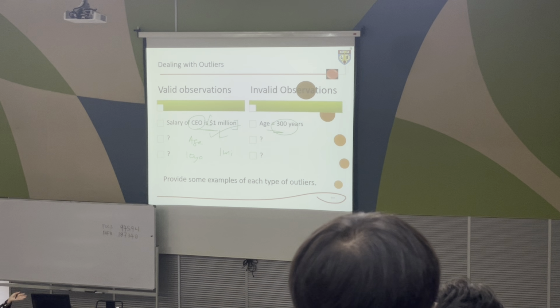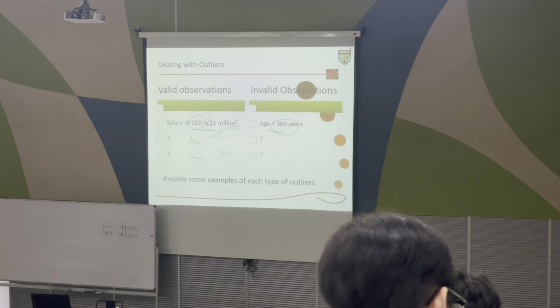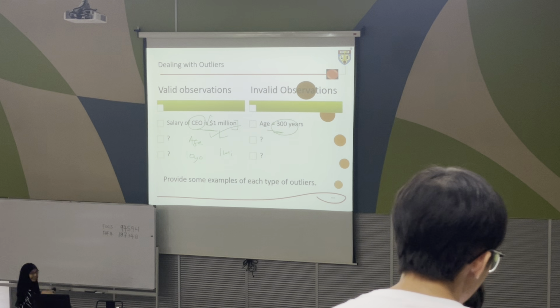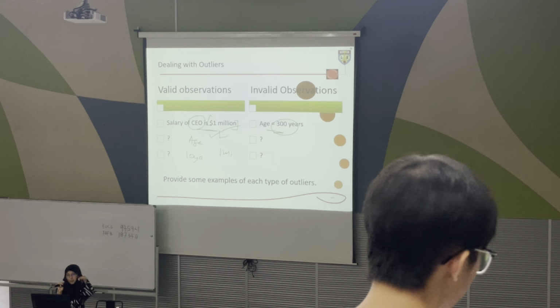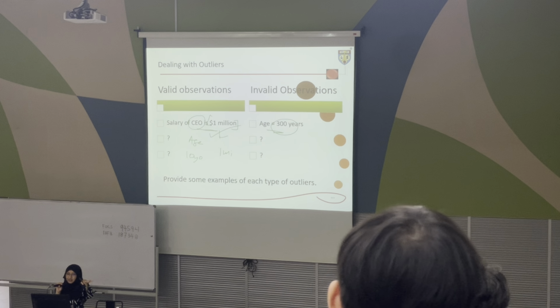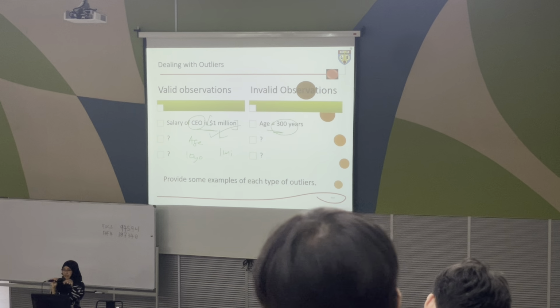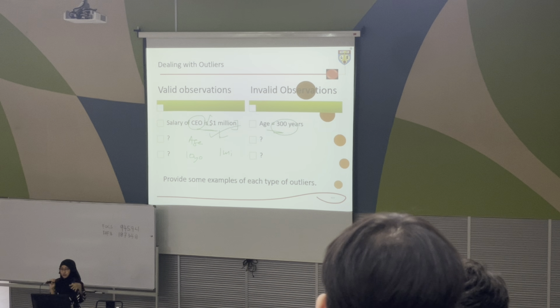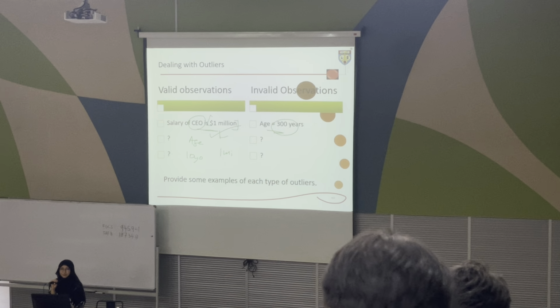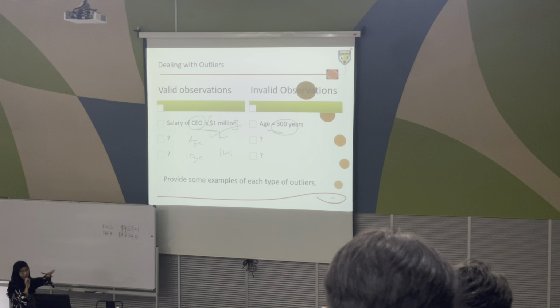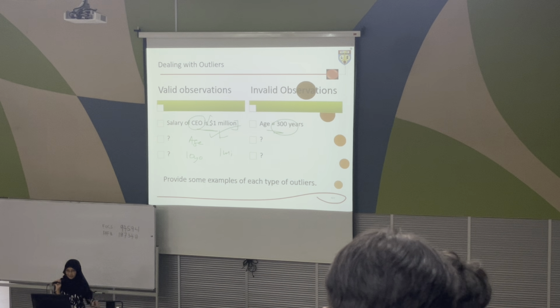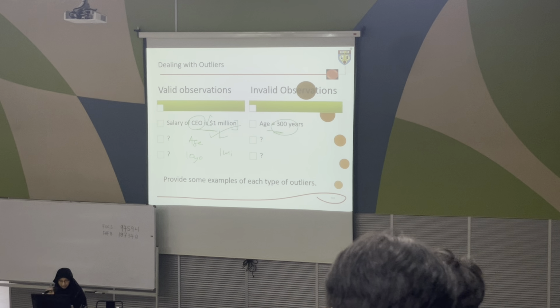Maybe this 10-year-old boy is a YouTuber or TikToker. Who knows? Then you need to identify, assuming that in your data set you have this kind of information, 10-year-old boy, salary 1 million, then you need to study a bit. Or maybe he is a YouTuber, or an influencer, or he inherited his grandfather's money, and so on.